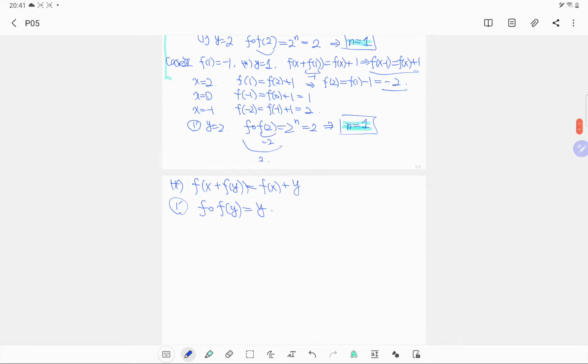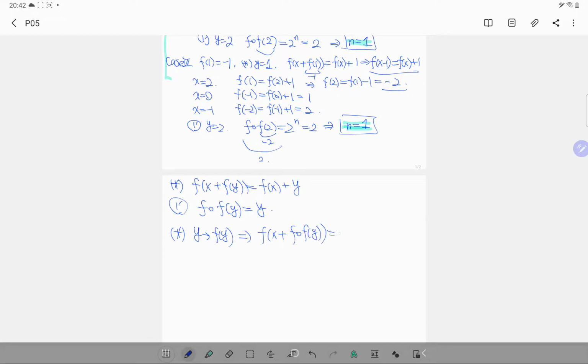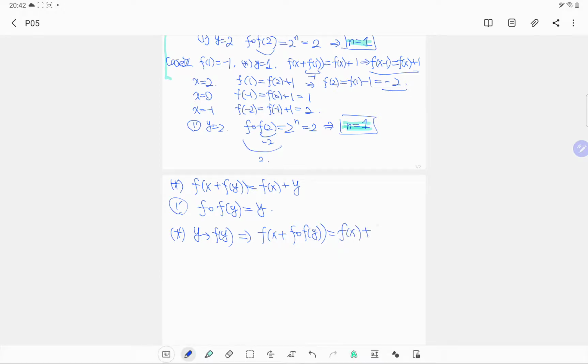So in the star equation, we substitute y by f of y. It becomes f of x plus f of y equals f of x plus y. So we have f of x plus y equals f of x plus f of y.